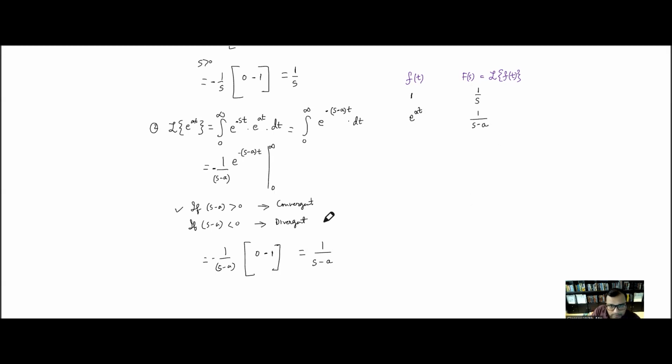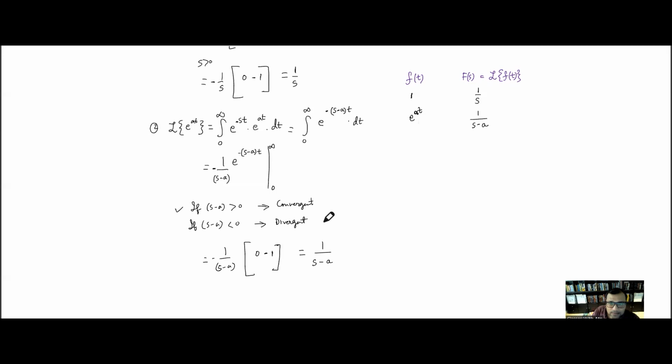If you can see here, when we multiply a function f of t by e to the power at, there is a shift in the solution. It is as if it becomes a function of s minus a. We'll talk more about this with examples later, but just look at the shifting pattern.